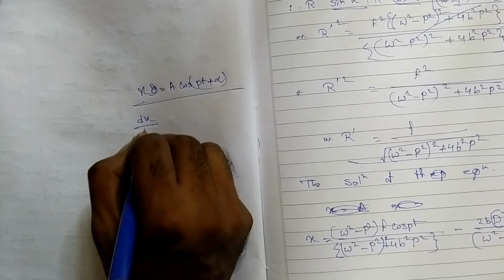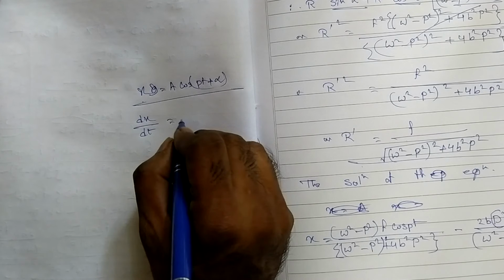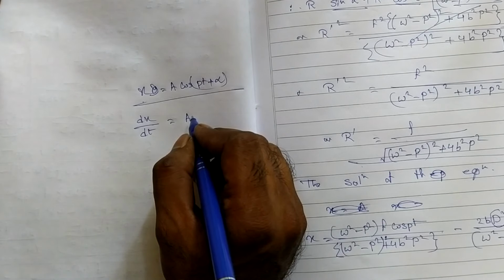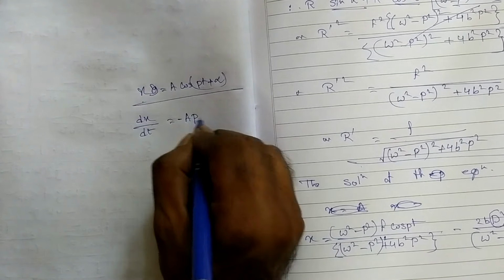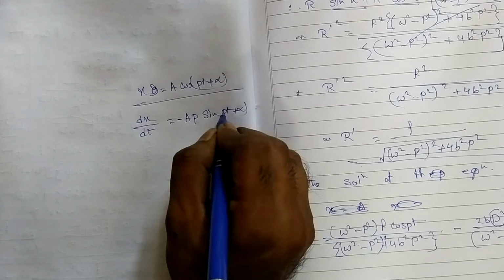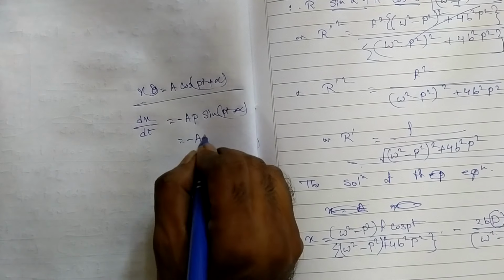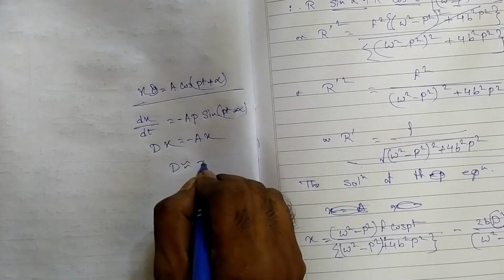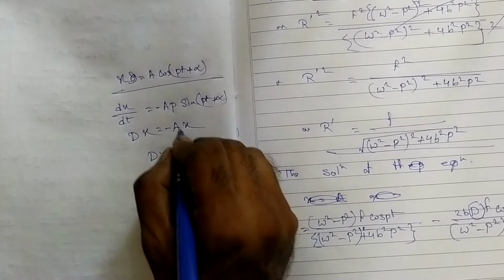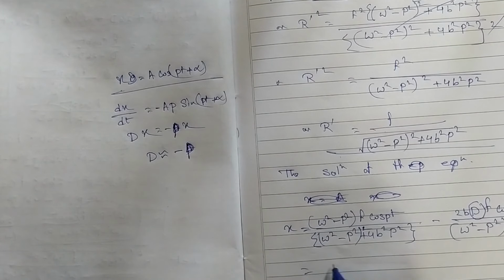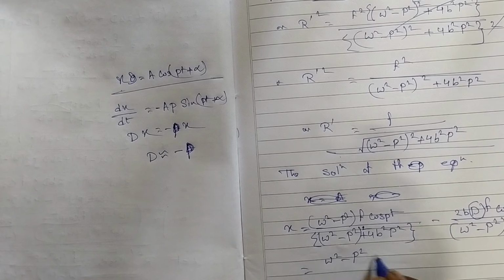If x is equal to this, obviously dx/dt becomes minus a sin(pt plus alpha), so minus a x. So obviously d is almost equal to minus p. So the solution has omega square minus p square.